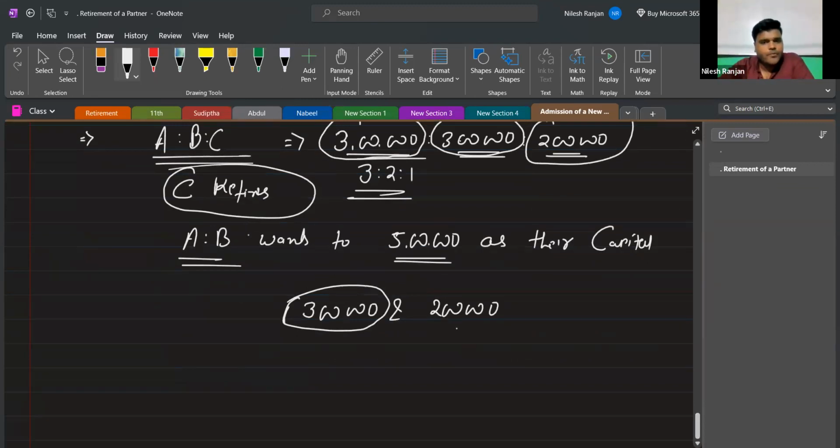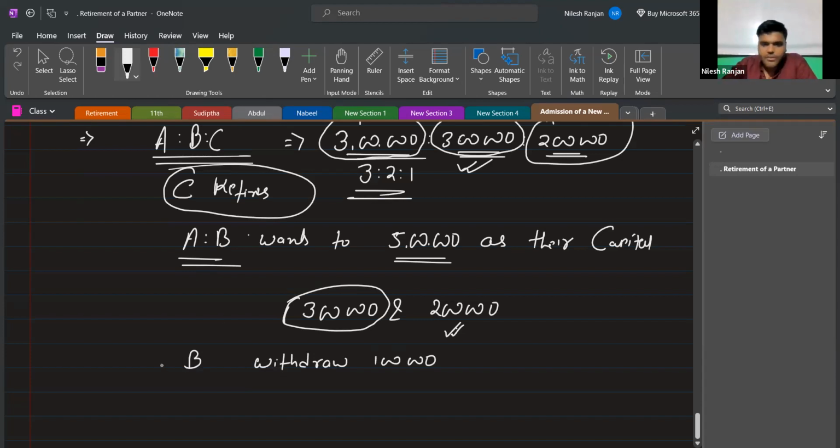Yes, a difference of 1 lakh, for partner B. B's adjusted capital is more and his new capital is less. So will he withdraw cash or bring cash? He will withdraw cash, because his old capital is more than the required capital. So he will withdraw 1 lakh.